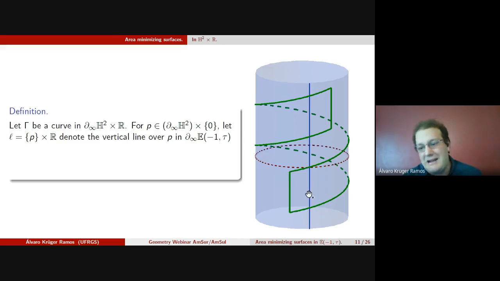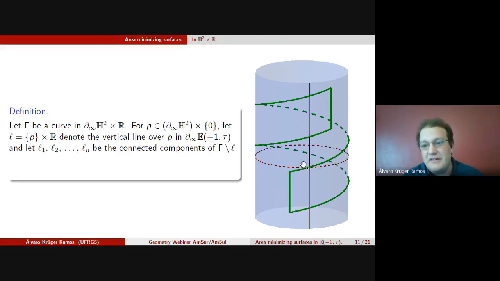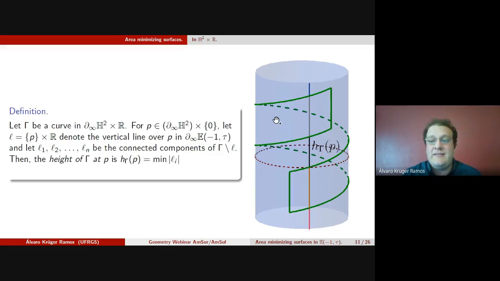This vertical line might intersect the curve gamma or it might not, but if it does, you consider the connected components of this vertical line minus gamma, and you can look at the height of each of these components. The height of gamma at the point P is going to be the minimal length of these little pieces.